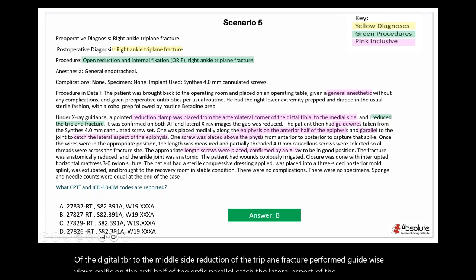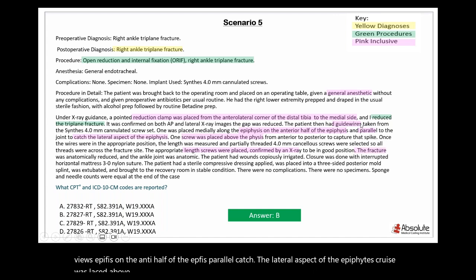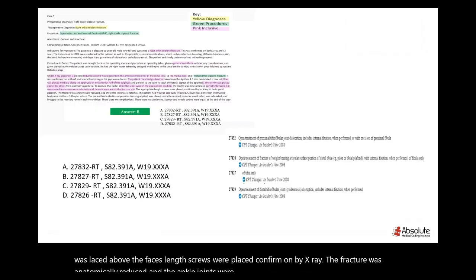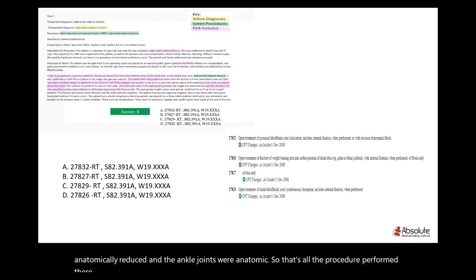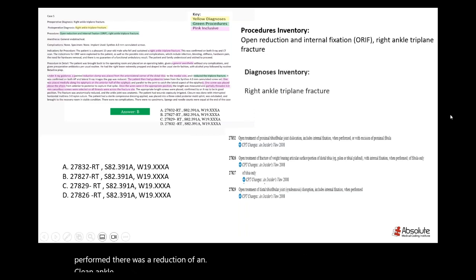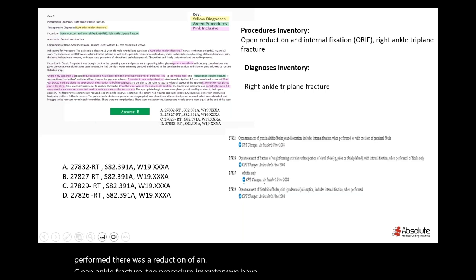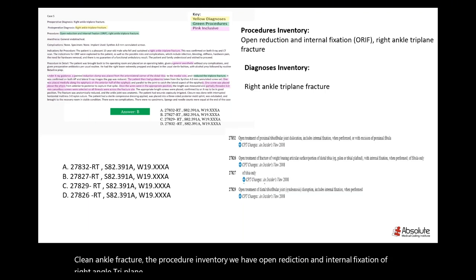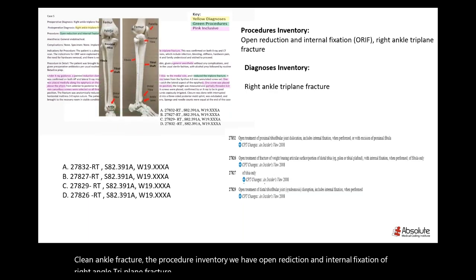Screws were placed above the physis, length screws were placed, confirmed by X-ray. The fracture was anatomically reduced and the ankle joint was anatomic. So that's all the procedure performed. There was a reduction of a triplane ankle fracture. In the procedure inventory, we have open reduction and internal fixation of right ankle triplane fracture. In the diagnosis inventory, we have right ankle triplane fracture.